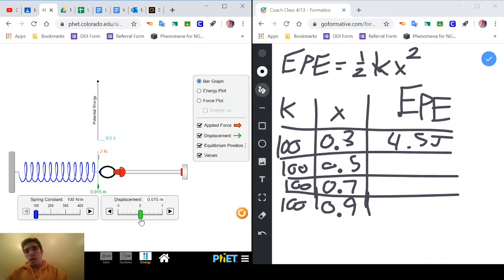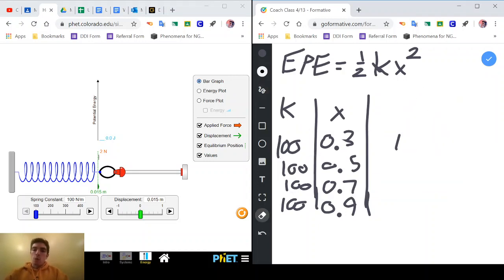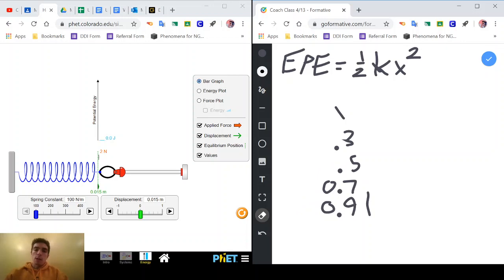Once you have your data table, I would recommend screenshotting that, taking a picture, or jotting it down on a piece of paper or in a notebook, somewhere that will make it easier for you to access it. Because when we get to the last question for the day, I'm going to ask you guys to graph those results.